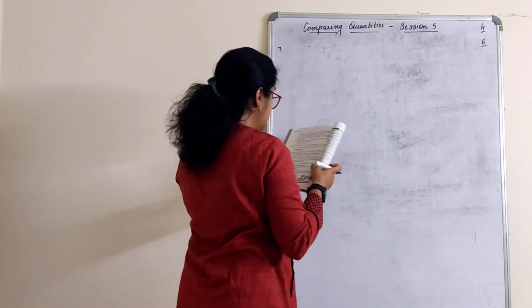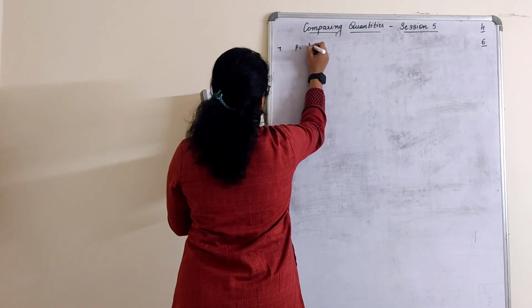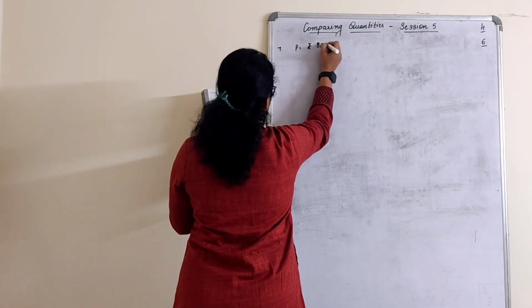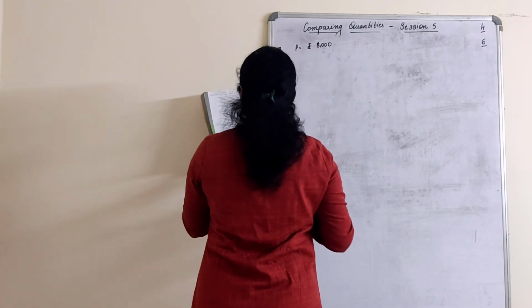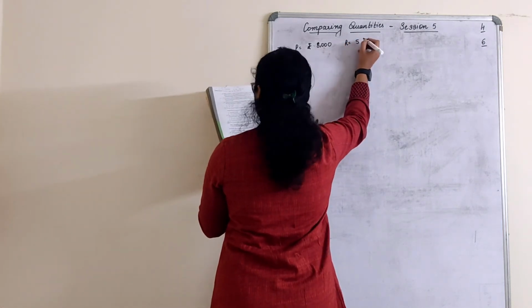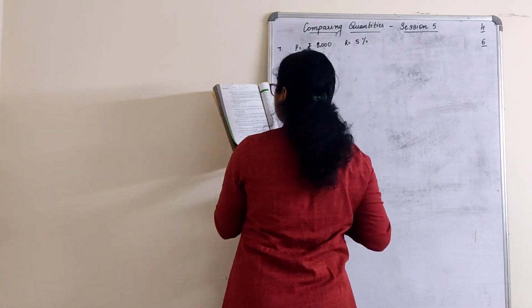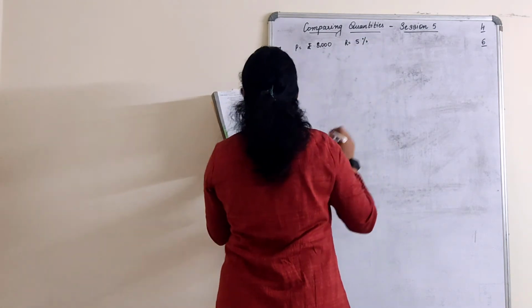Maria invested 8,000 in a business. So principal is rupees 8,000. She would be paid interest of 5% per annum, compounded annually.